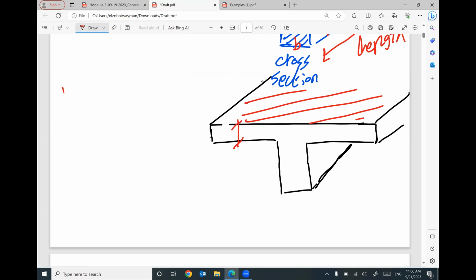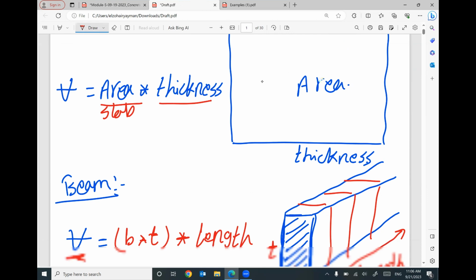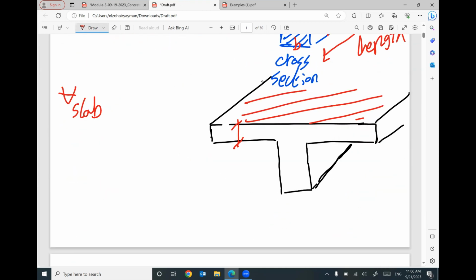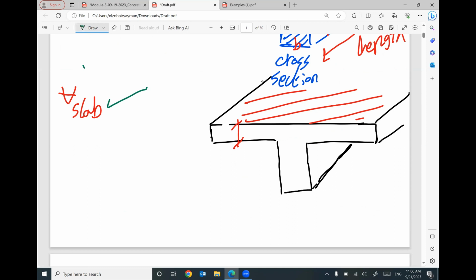This is what we learned here: area of slab times the thickness. Be careful in this calculation, you already calculated the volume of this part of concrete.